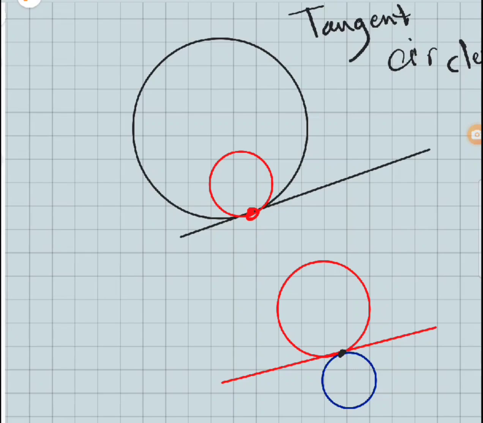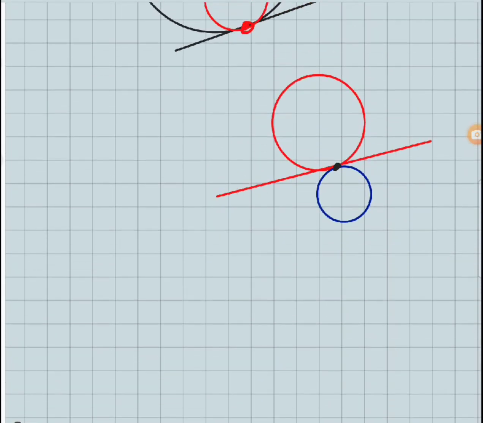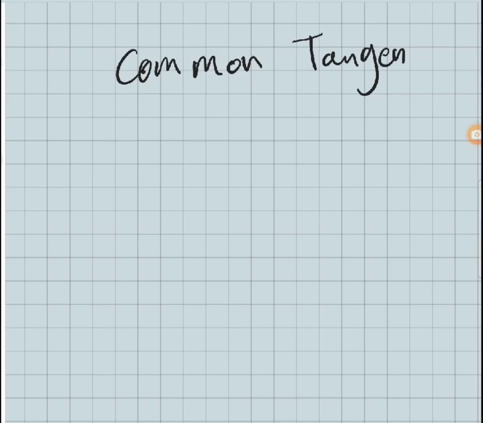Now, the next topic that we need to review are common tangents. So what are these exactly? A tangent is common to two circles if both circles lie on a tangent line. So let's draw two circles.